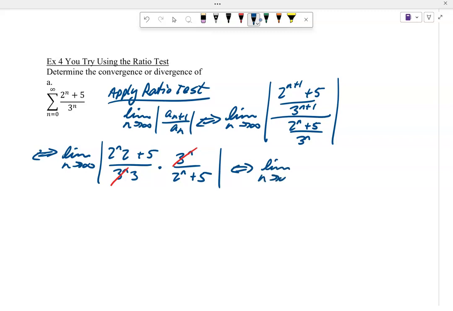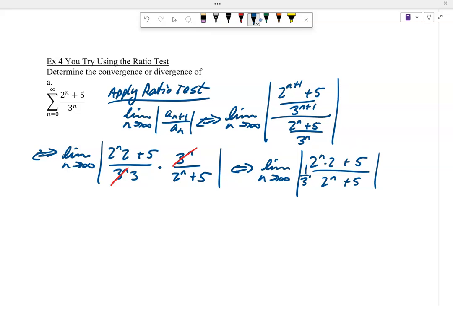Let me put that 1/3 out front, times the absolute value of 2 to the n times 2 plus 5 over 2 to the n plus 5.